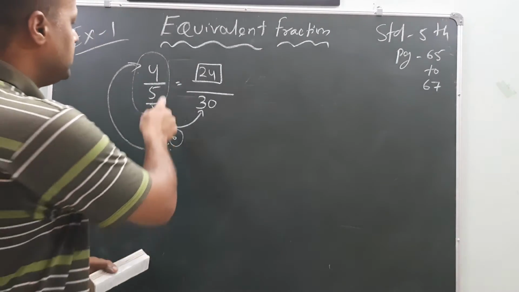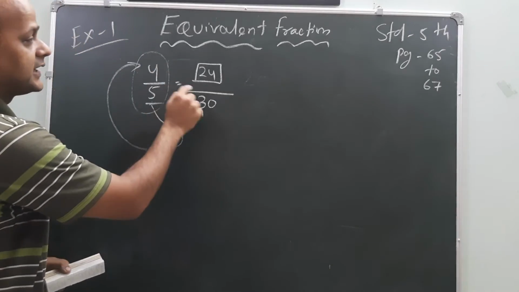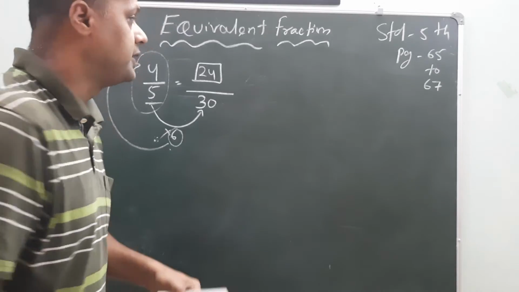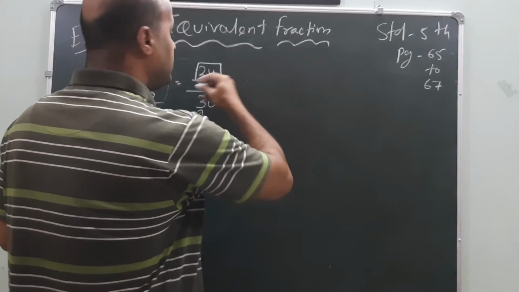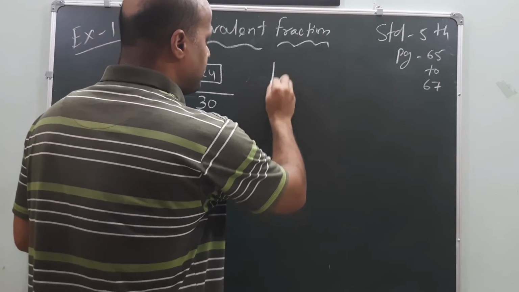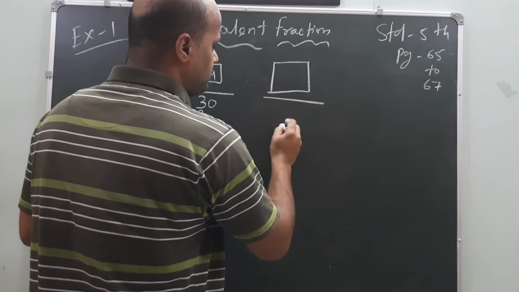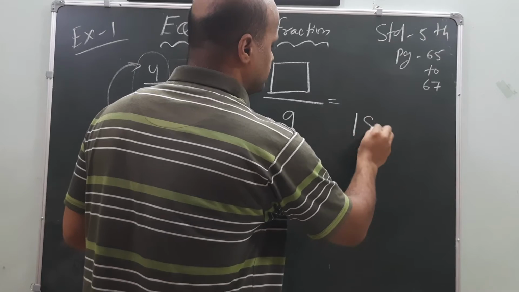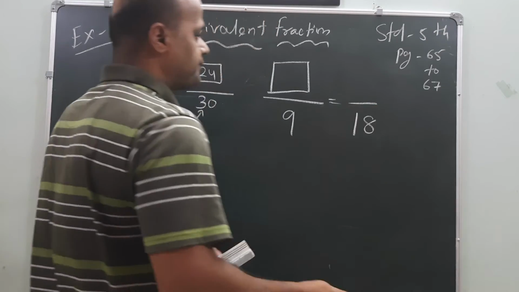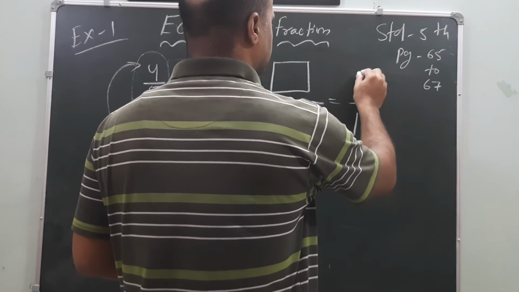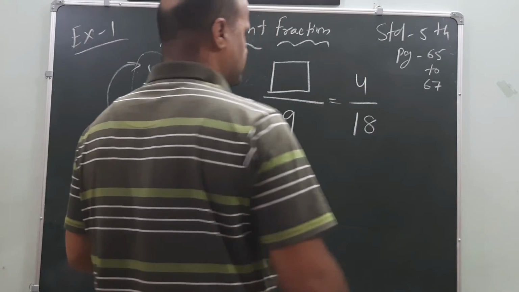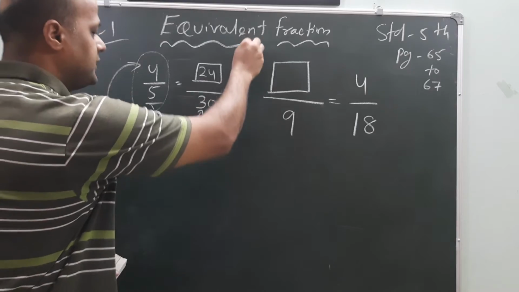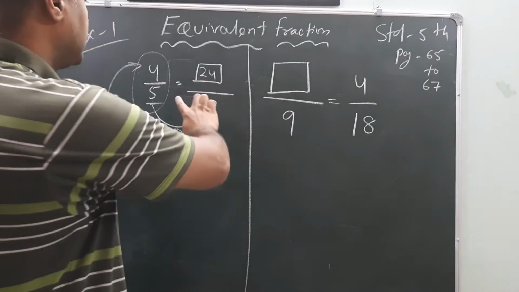Now, here the first fraction is given and it is asking for the second one. Then what you have to do? You have to multiply it and find it. But in the second case, it is the reverse of the first one.